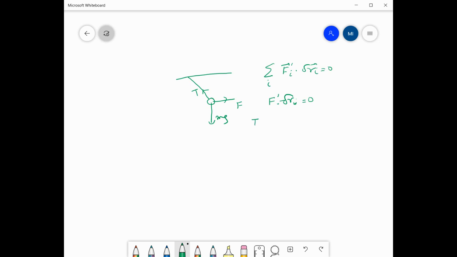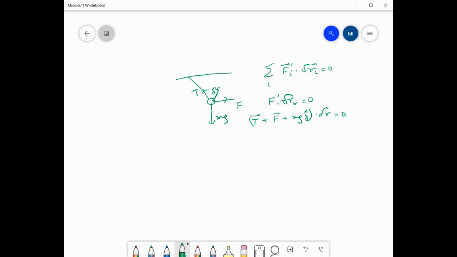One is vector T plus vector F plus mg times a vector, say ĝ, where ĝ is the direction, dot δR equals 0. Now, if you displace this thing, since the length of the rope, which is the force of constraint, is constant, so if it is moving, the displacement will be perpendicular. Very simple. δR should be perpendicular to T because this length cannot be varied, right?